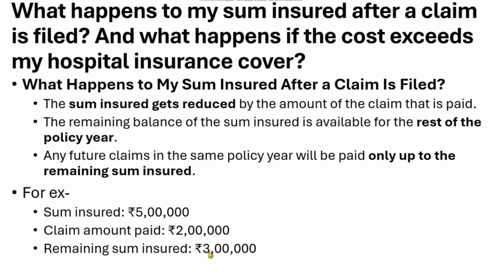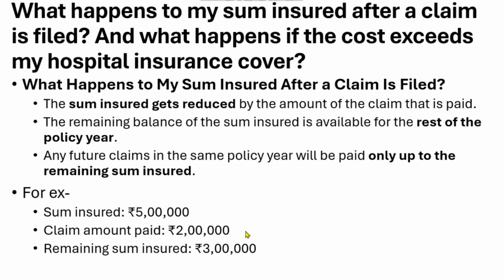Any future claims in the same policy year will be paid only up to the remaining sum insured. If you go for another treatment, only this 3 lakh will be utilized, because your 2 lakh is already utilized and your policy coverage is 5 lakh.